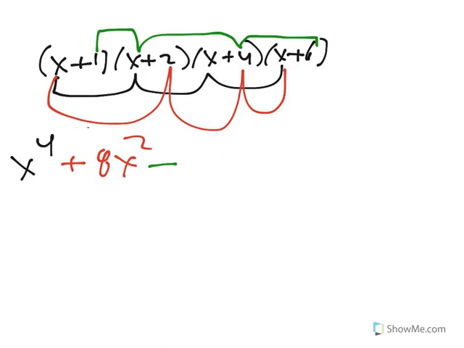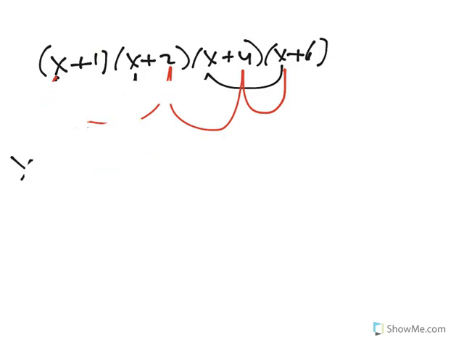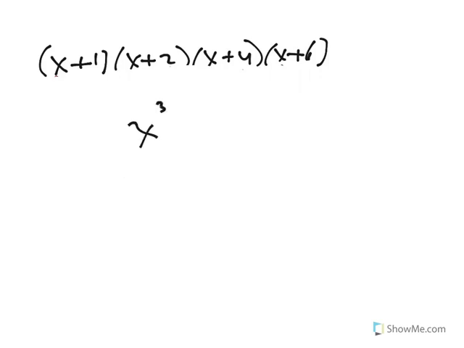So for instance, imagine I want to know the x cubed coefficient. To get an x cubed, I need 3 x's and one number. So for instance, I could do x, x, x, 6.